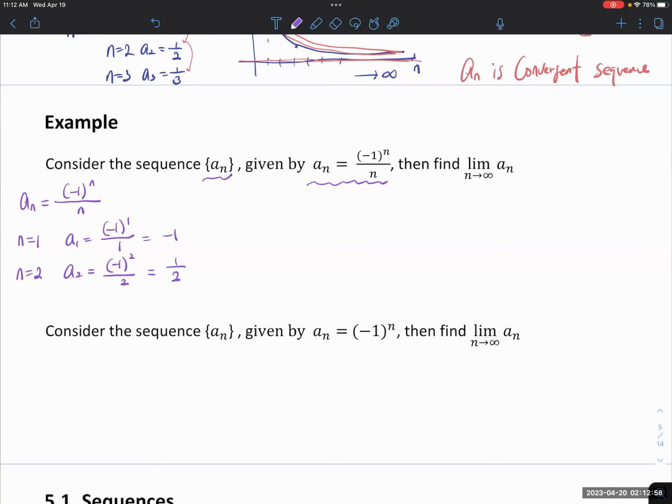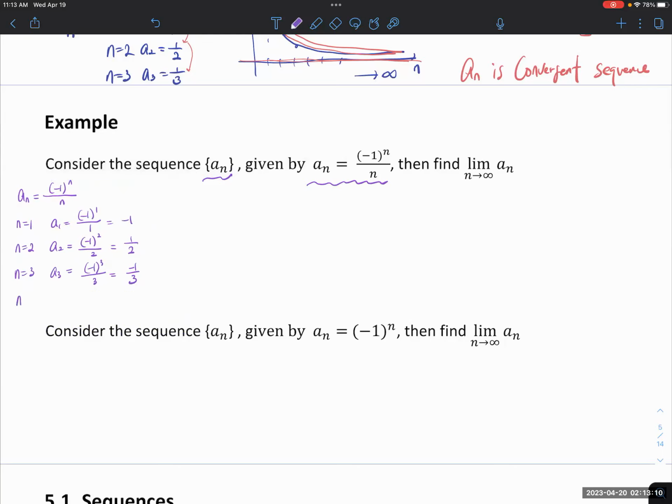Am I correct? Just keep on going, a couple more examples. Negative to an odd power, it's going to be -1 over 3. So you see the pattern, what is going on? If n is 4, a4 is (-1)^4 over 4, +1 over 4. So what is going on? This is the pattern. a1 is -1, a2 is 1 over 2.